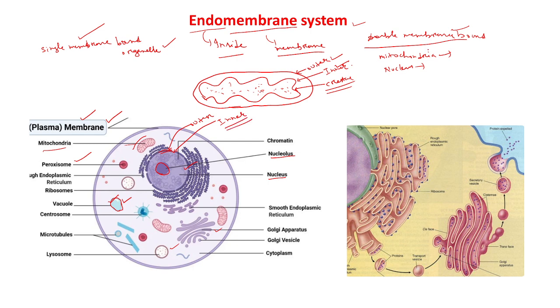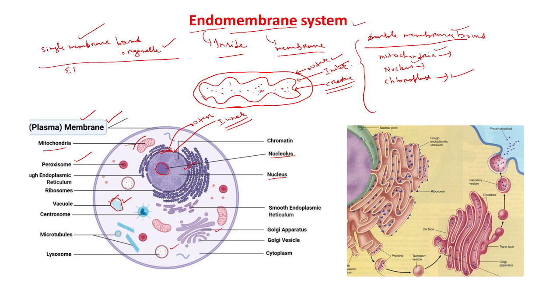So the mitochondria, the nucleus, and another one, the chloroplast, are also double membrane bound organelles, because they have two membranes. That means the boundary has two layers. That's why they are called double membrane bound organelles. All other organelles are called single membrane bound organelles.